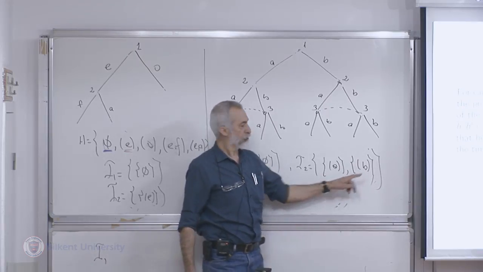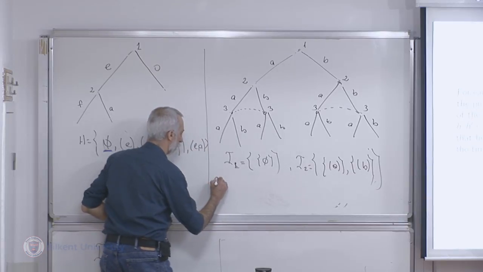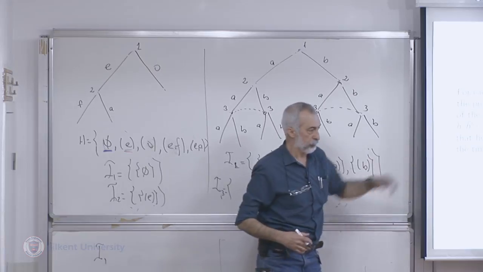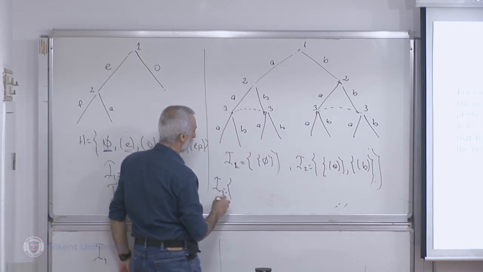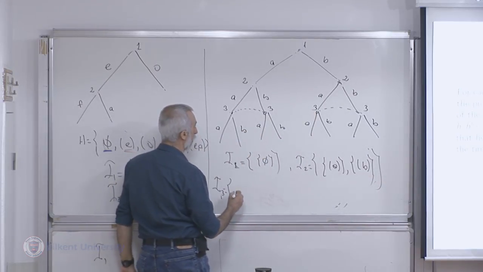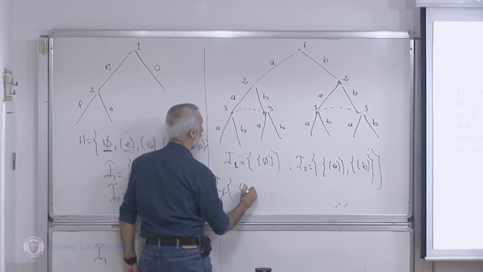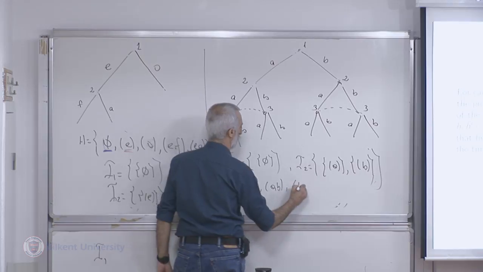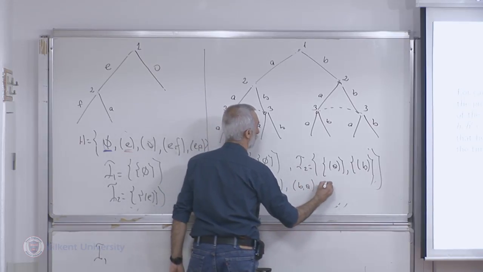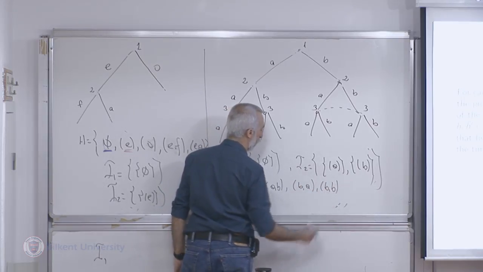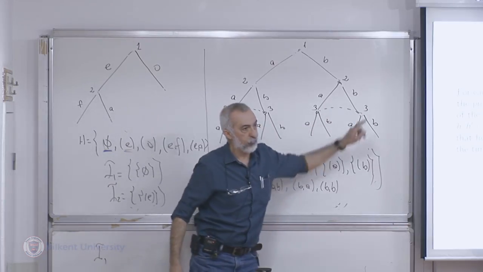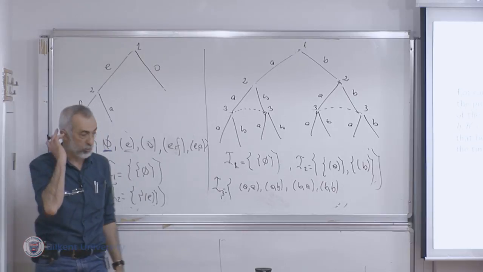Now for player 3, there's more to talk about. The histories at which player 3 takes actions are A,A, A,B, B,A, B,B. Those are the 4 histories, 4 states where agent 3 has to take an action.